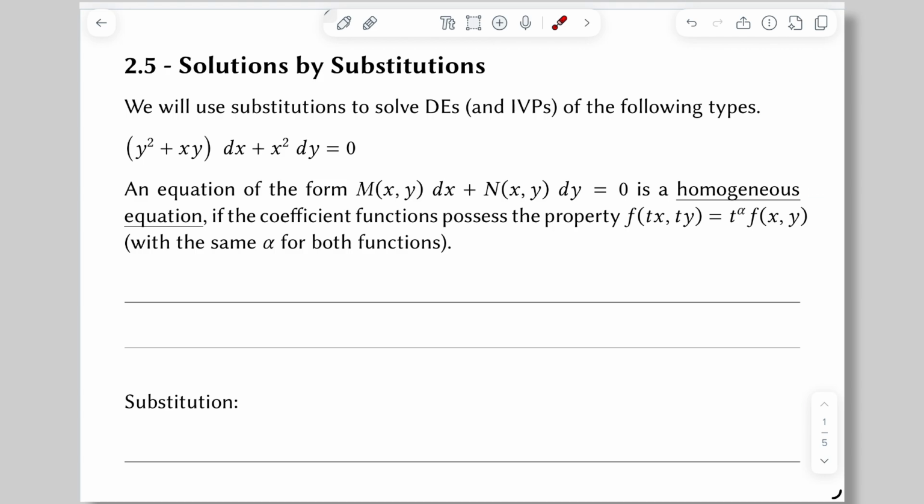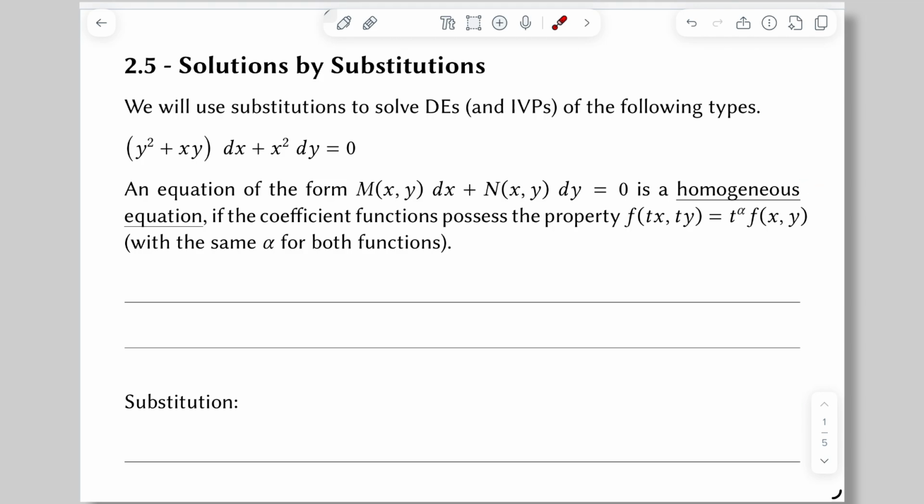It's homogeneous because in each term, all of the exponents add up to the same number. Formally, we would say, given a function f of xy, if we can replace x using t times x and y using t times y, and then fully factor out the t with some exponent, maybe the exponent's 1, maybe it's 3/2, maybe it's 2, times the original function f of xy, then that function is said to be homogeneous.